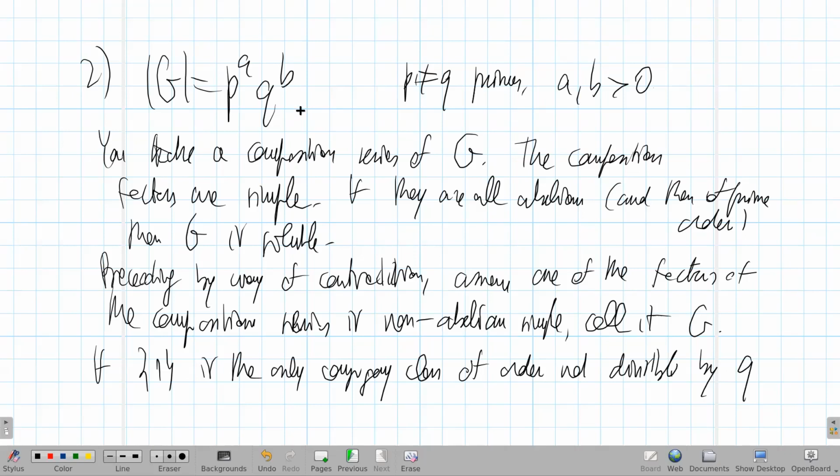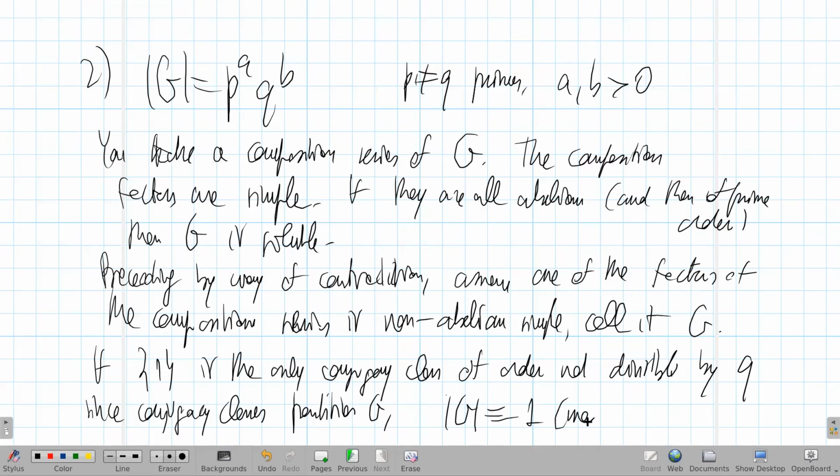So suppose that all conjugacy classes have order divisible by q except for the class of 1. But then since the conjugacy classes are a partition of G, you will have that the order of G is congruent to 1 mod q.